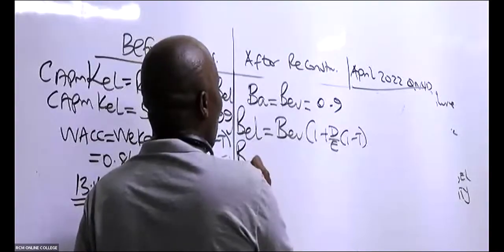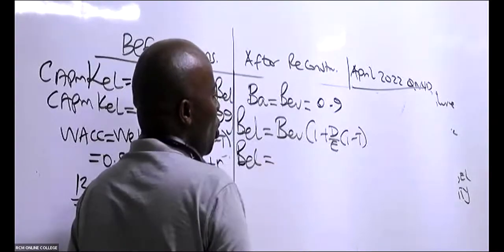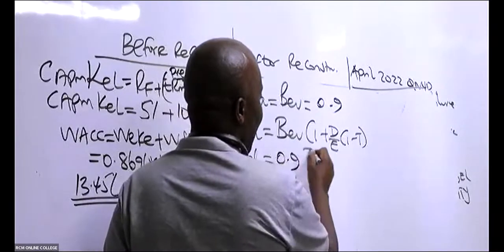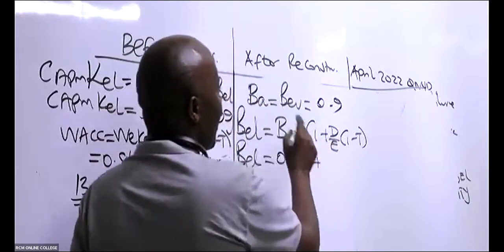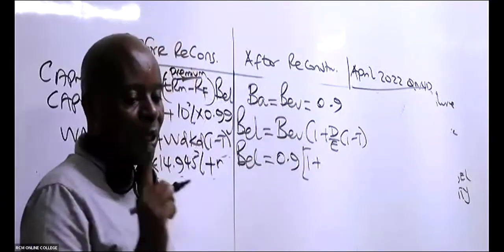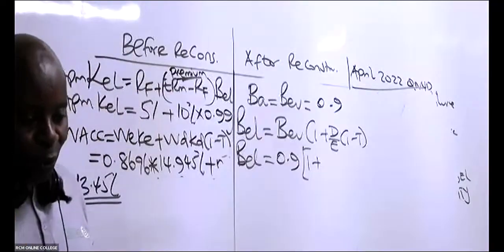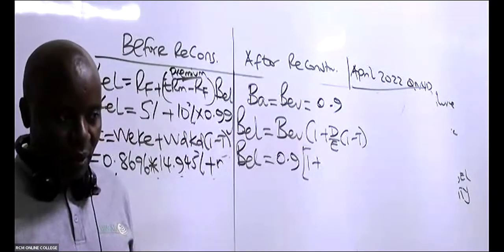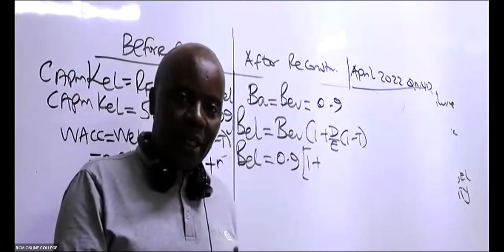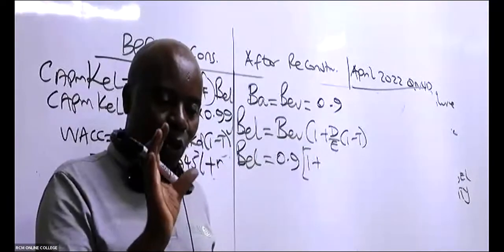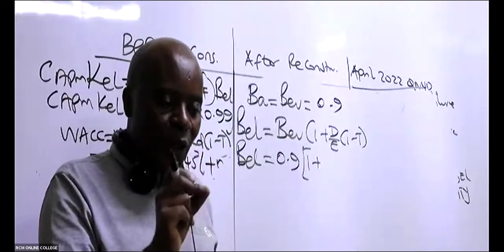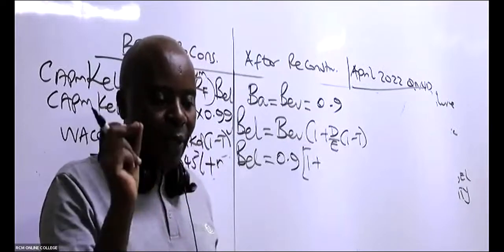So with speed now, I know that my BEL will be equal to my BEU, which is 0.9 into 1 plus, after reconstruction, what is our debt to equity ratio? Remember, the capital structure was being reconstructed from 0.15 debt to equity to 0.3 debt to equity.